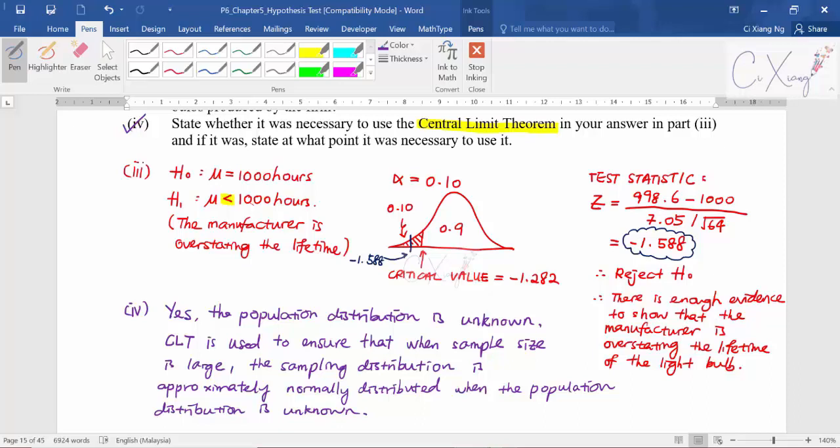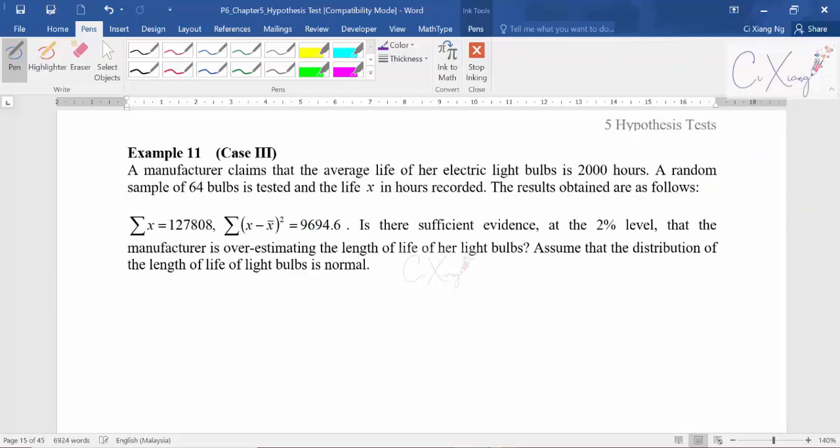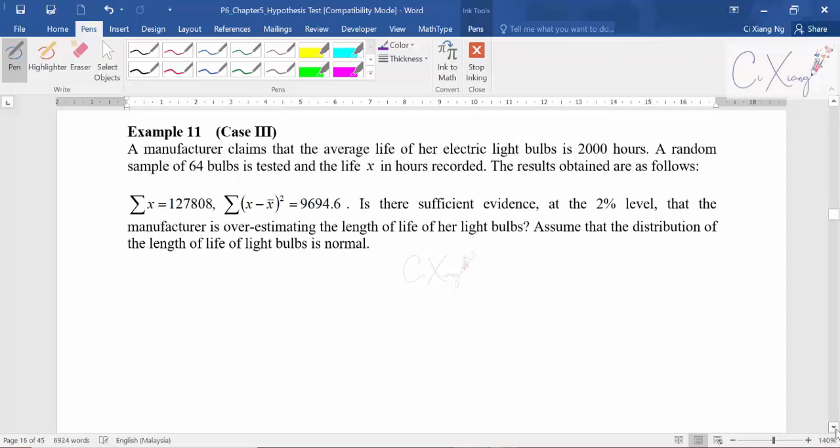I want you to continue with example 11 and 12, and I will just give you the final answer here. If you have a look at example 11, a manufacturer claims that the average life for the electric light bulbs is 2000 hours, and a sample of 64 bulbs is tested, with the life in hours recorded. The results obtained are as follows.